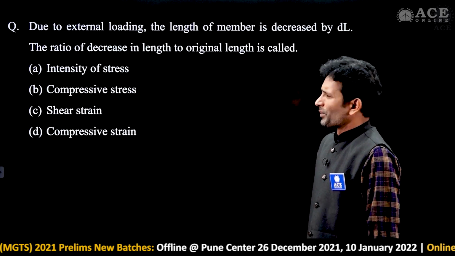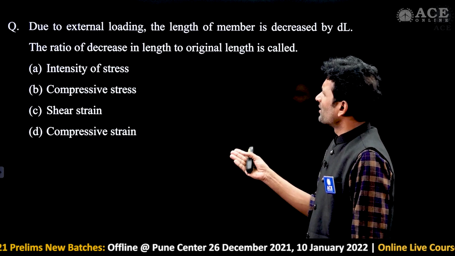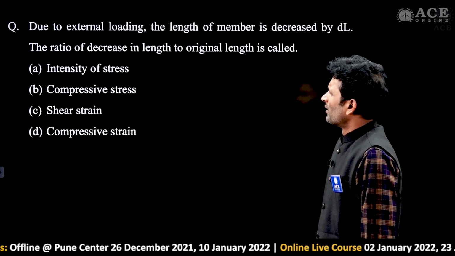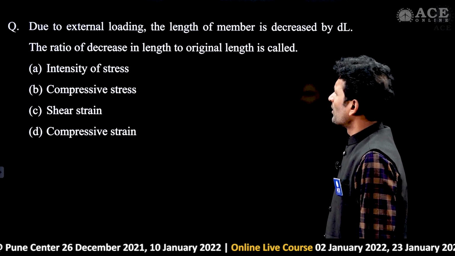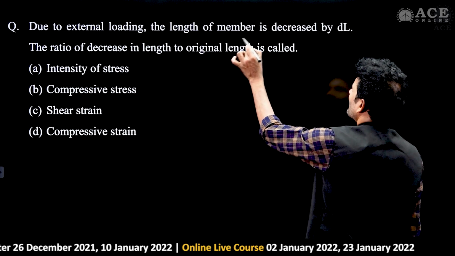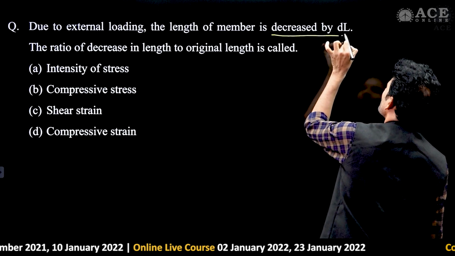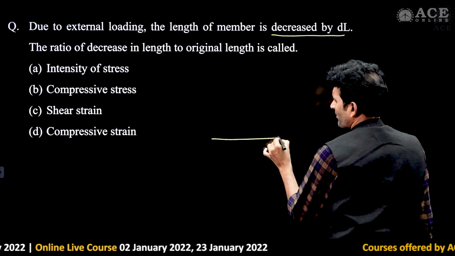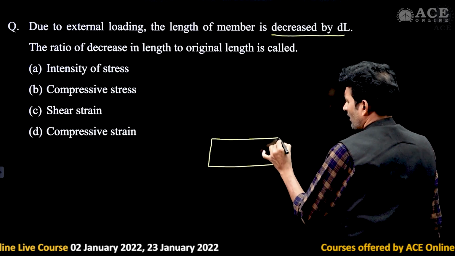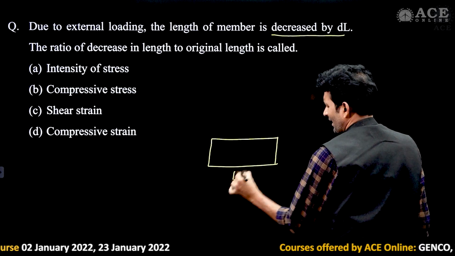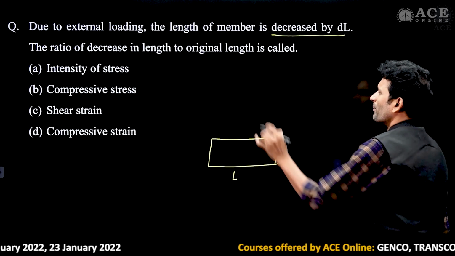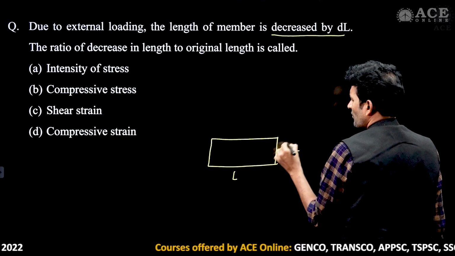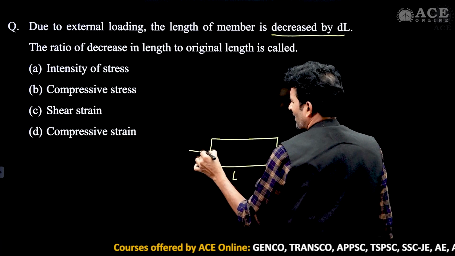Now take another question. This is a direct definition. Look at the question. Due to the external loading, the length of the member is decreased by del L. That means, suppose I have a member with length L; because of the application of force, what change do we observe in the length direction?